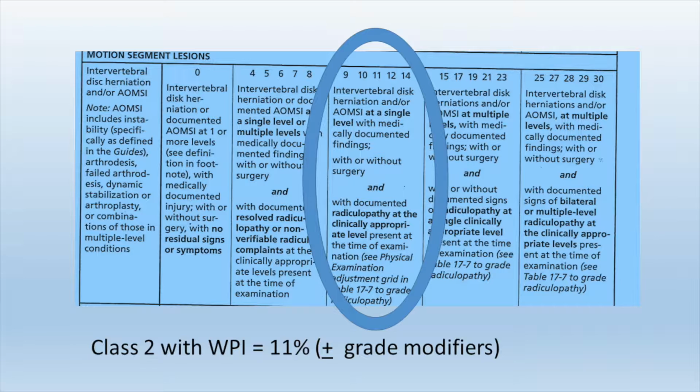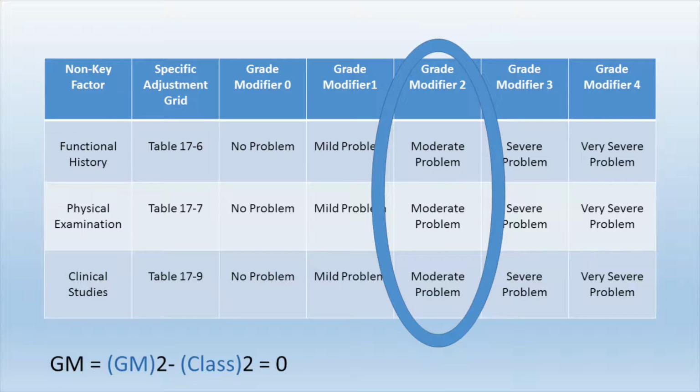So if we use the grid, this particular patient falls into this particular category. He has an intervertebral disc herniation, and we have a whole person impairment of 11%, which can then be up or downgraded. If we look at the simplified grade modifier, it's a moderate problem, so there's no adjustment.